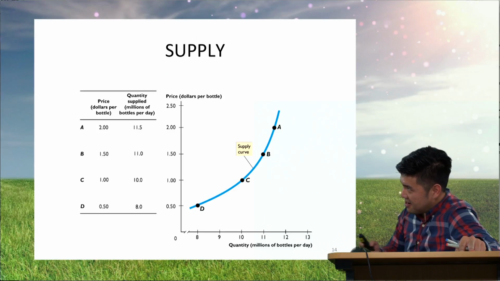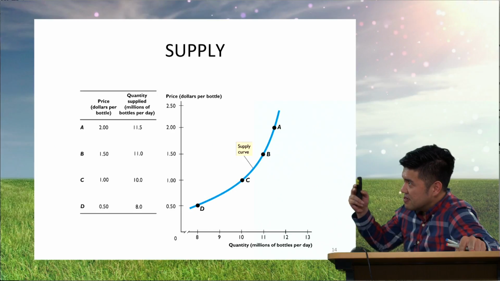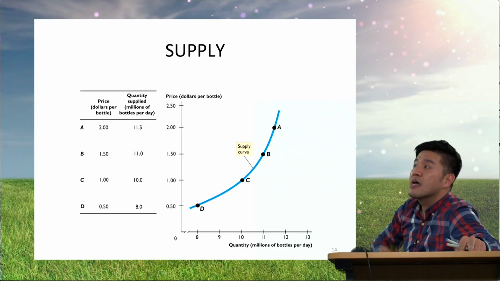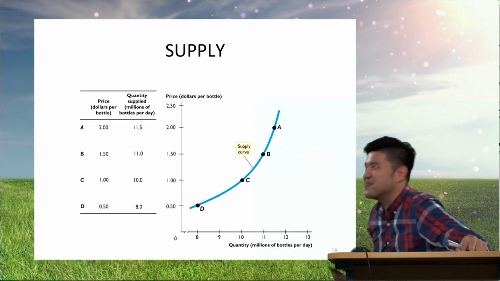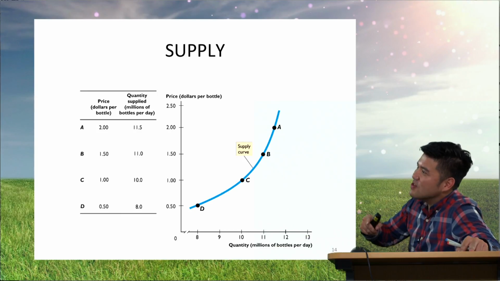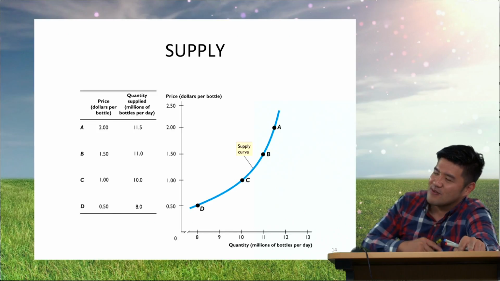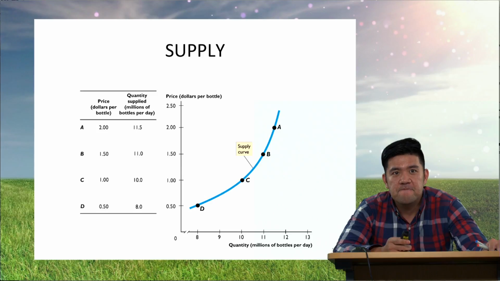And this is trying to illustrate to you that price goes up, quantity supplied, what did I hear, guys? Go up. Price goes down, quantity supplied goes down. Okay? Good.